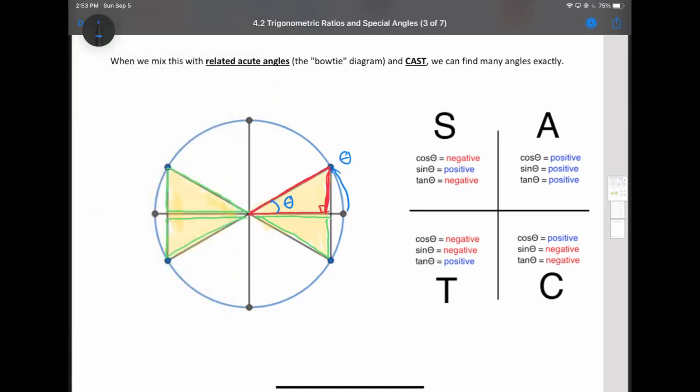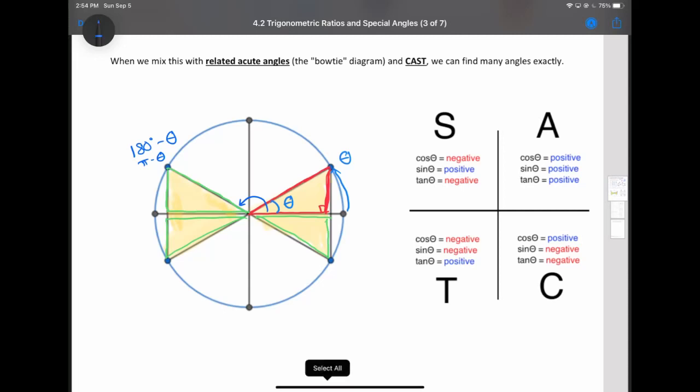So that means that if we know information about angle theta, and again, we only know it for the 30, 45, and 60, but if we knew it for any angle, we would know it for this angle as well. That's going to be 180 degrees minus theta, or if you want to do it in radians, pi minus theta.